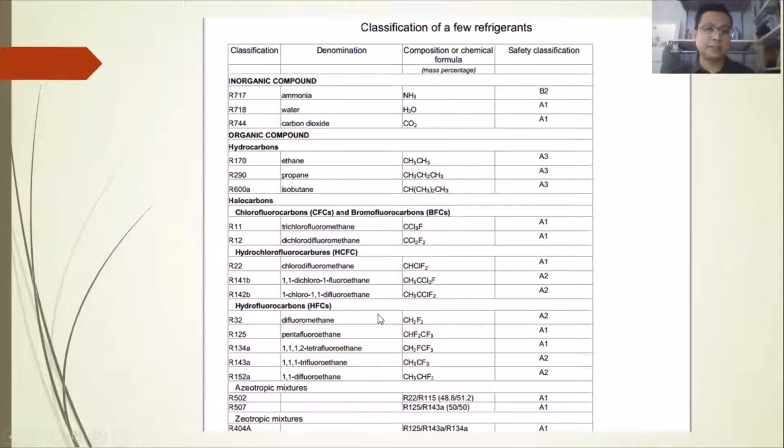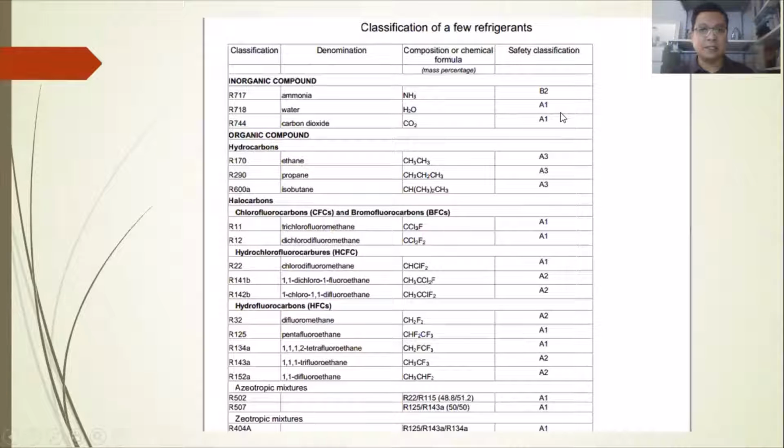Okay, this is the classification of refrigerant types with the safety classification. You can see, for example, ammonia has safety classification B2. This means it is flammable and toxic.